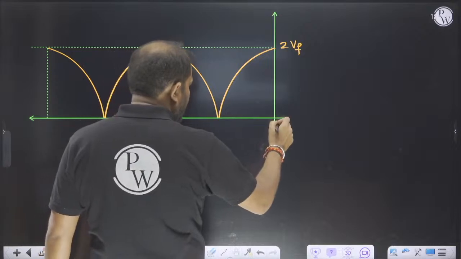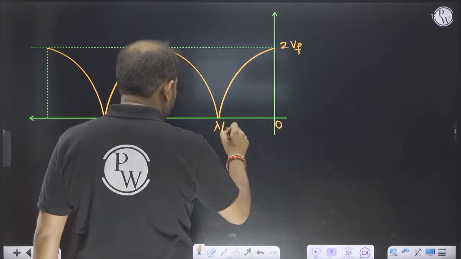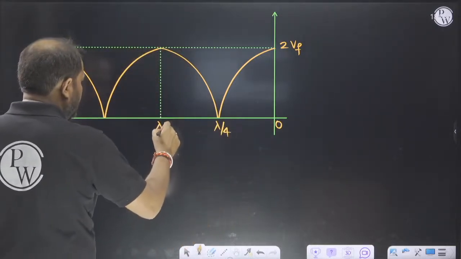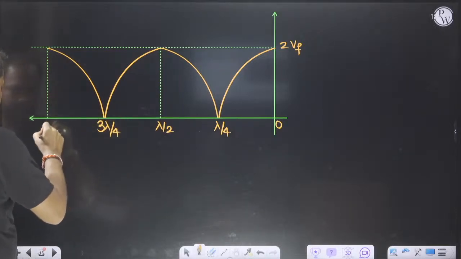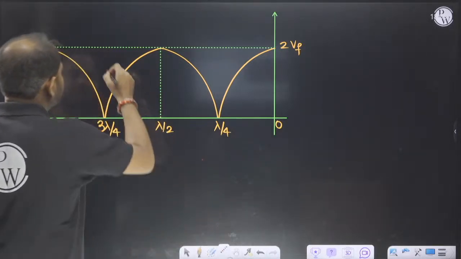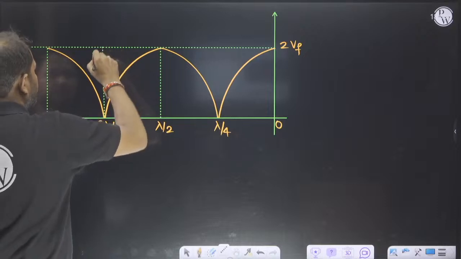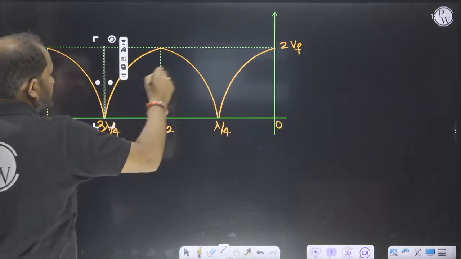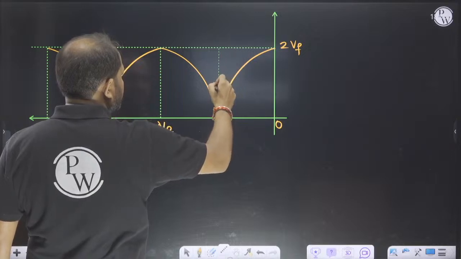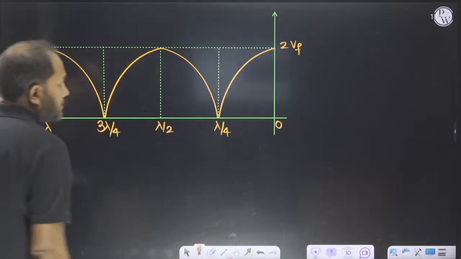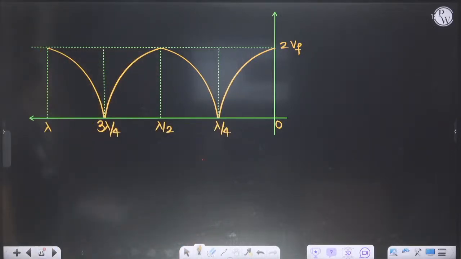So this one is 0, this one is lambda by 4, this one is lambda by 2, this one is 3 lambda by 4 and this one is lambda. This is the graph.